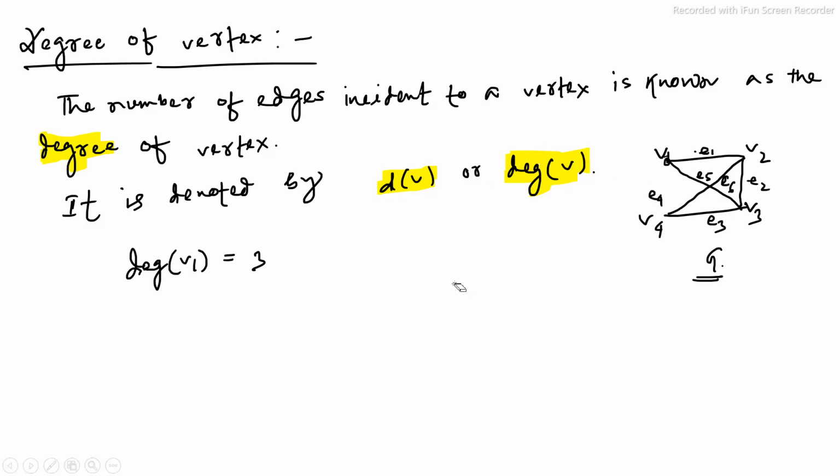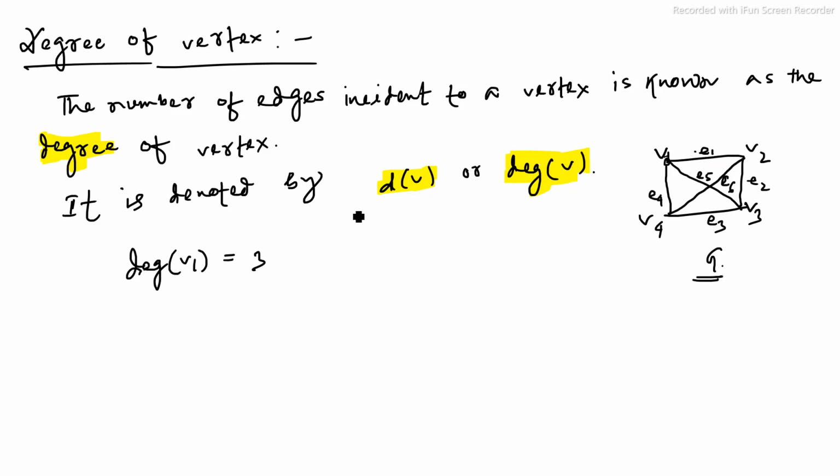So here we named every edge e1, e2, e3, e4, e5 and e6. There are 6 edges here and there are 4 vertices v1, v2, v3 and v4. The degree of v1 is 3 because e1, e4 and e5 are connected, or adjacent, or incident to v1. That's why the degree of v1 is 3.